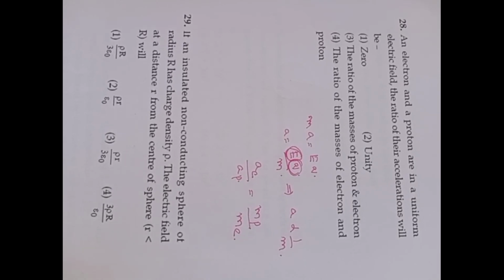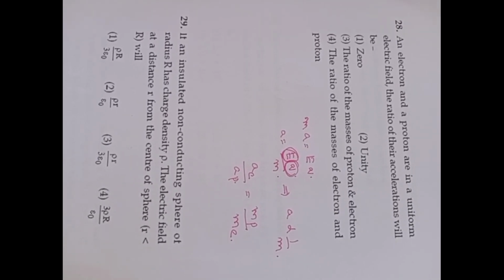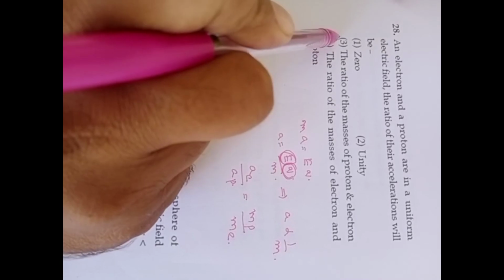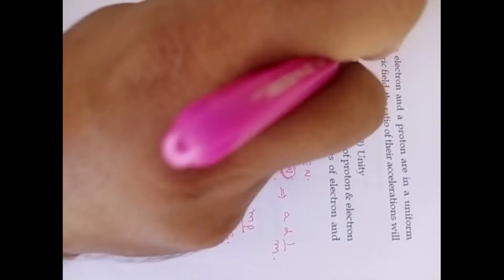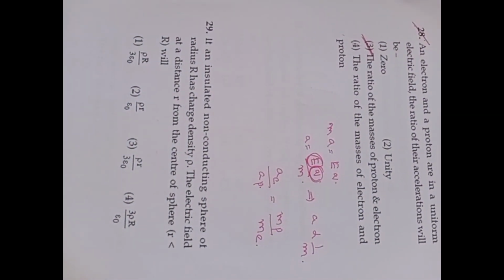So what will be the answer for this? The ratio of the masses of proton and electron. Okay. Repeatedly listen 3-4 times. Easily every problem will come for you.